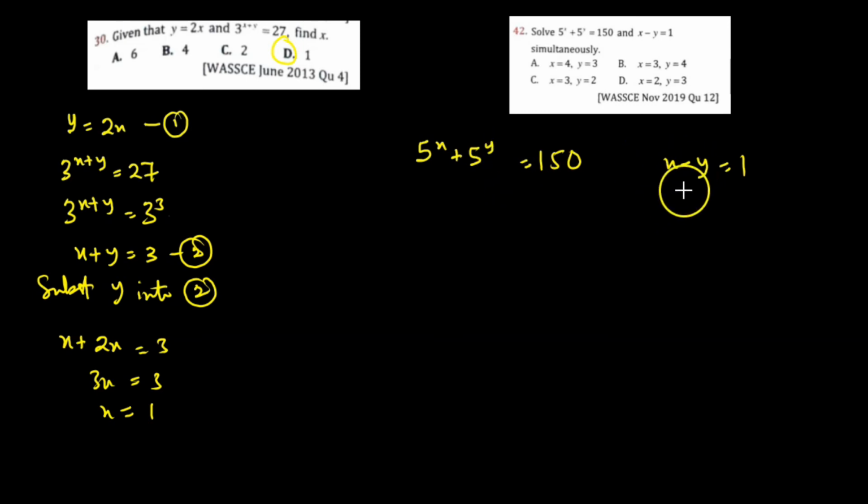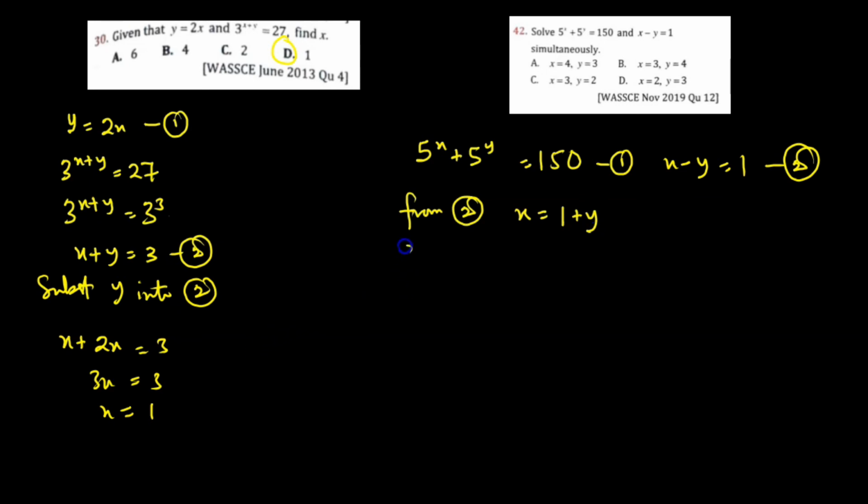So, if that is equation 1 and that is equation 2, from equation 2 we can make y the subject or x the subject, any of them. So making x the subject, we have x equal to 1 plus y.